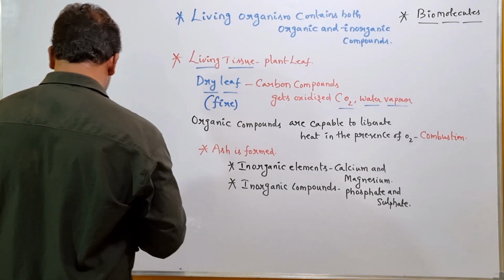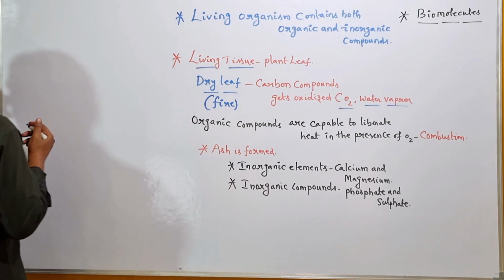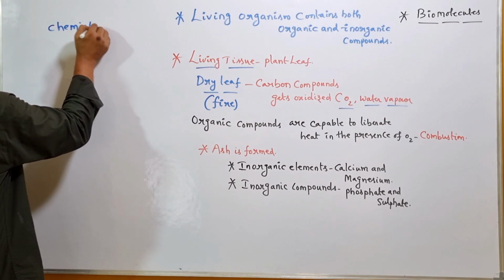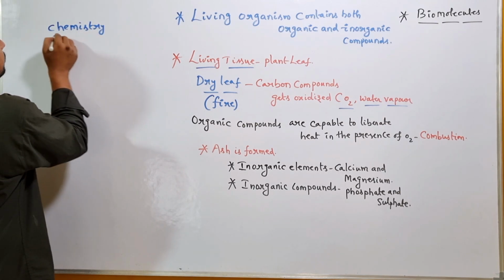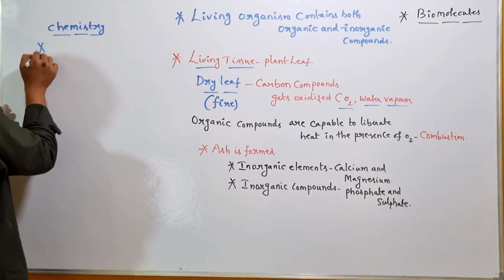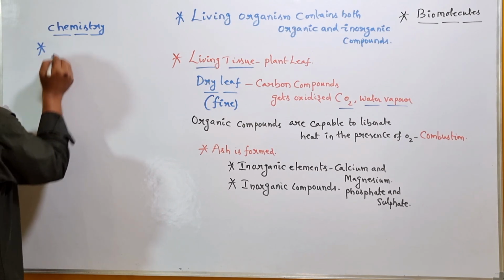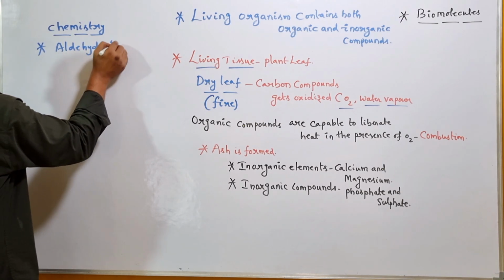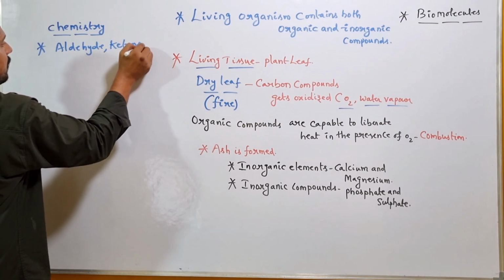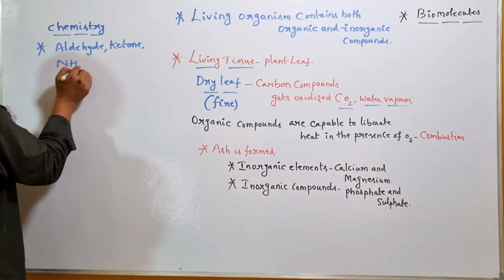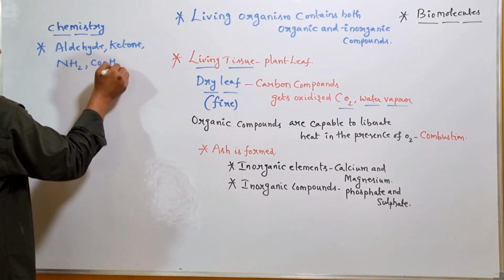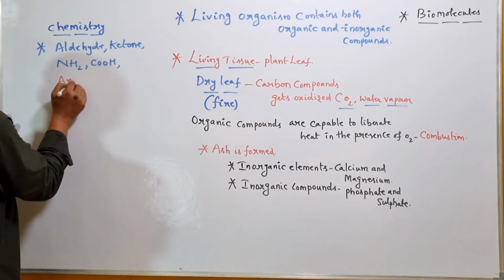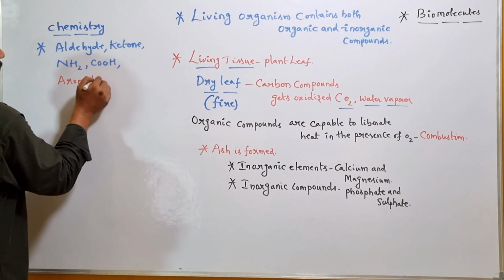So let me write it on the board. From the chemistry point of view, these specific organic compounds have certain functional groups, and these include aldehyde group, ketone group, amino group, carboxylic group, and in addition, they also contain certain aromatic compounds.